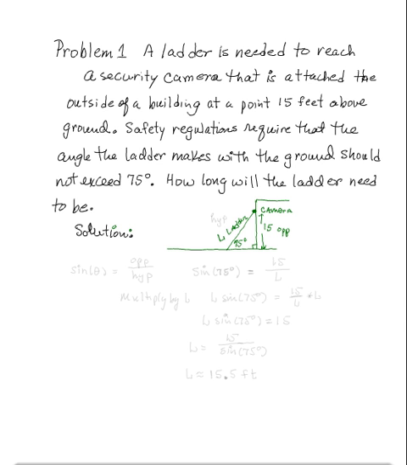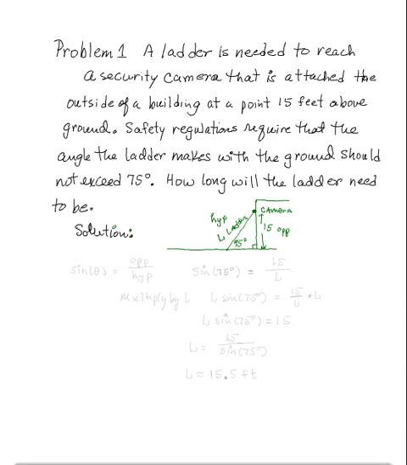Then the ladder, the length we want, forms the hypotenuse of the right triangle. So the opposite is the known side, the 15 feet, and the hypotenuse is the ladder.